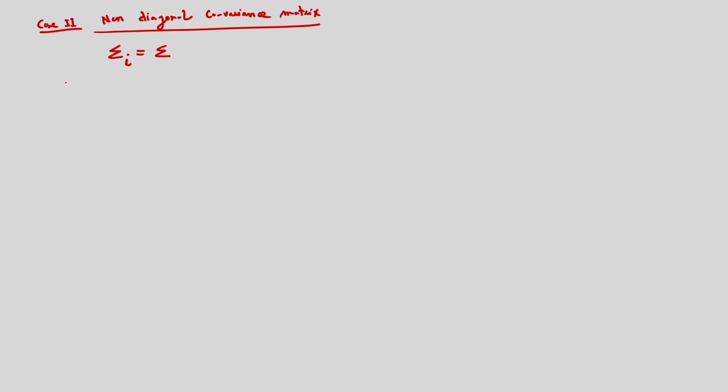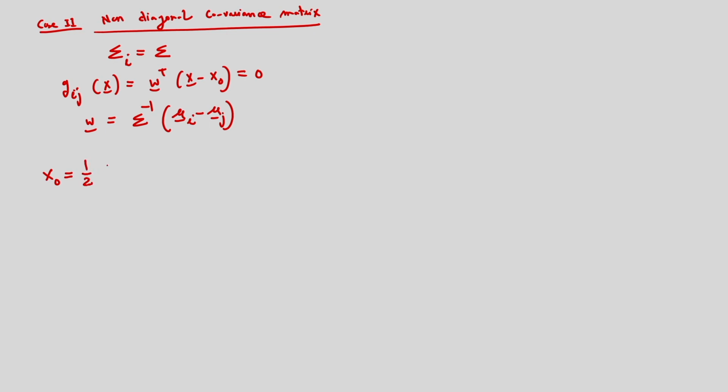So corresponding to this, the decision boundary will be g_ij(x) = w^T (x minus x naught) = 0. And what will be my weight vector? The weight vector will be sigma to the power minus 1, that is the inverse of the covariance matrix, times mu i minus mu j. And the decision boundary will pass through the point x naught, which is 1 by 2 (mu i plus mu j) minus ln.